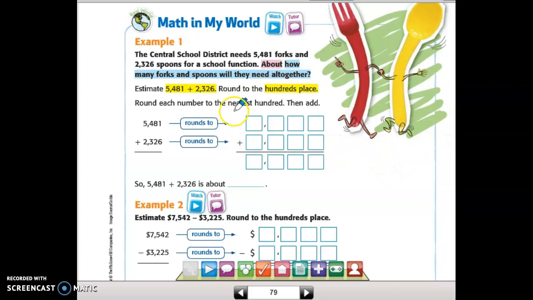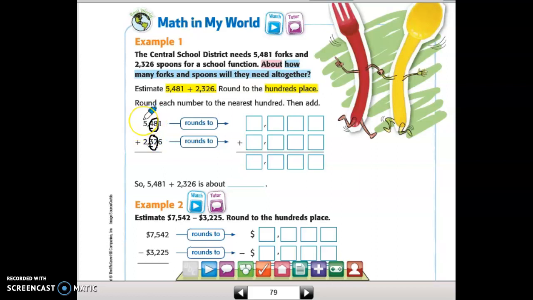Okay, so we're rounding to the hundredths place, and that is not the largest place value of these numbers. That is the next one. So the hundredths place is what I'm going to underline. And as I showed you in the other lesson, we're going to underline the place value we're rounding to, and we're going to circle the digit that comes to the right of that, because when we focus on those two, we'll be able to round properly.